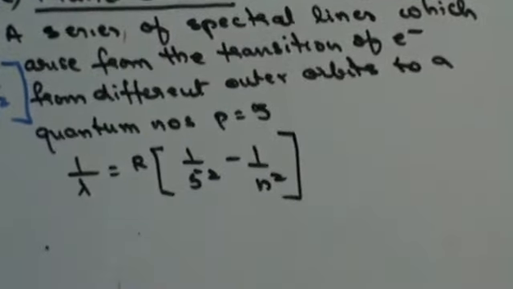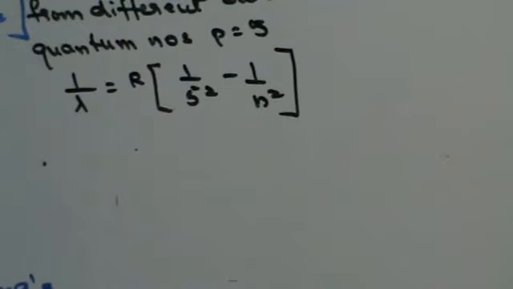How do I show a diagram for these spectral lines, right? Let's try to see the diagram for spectral lines.